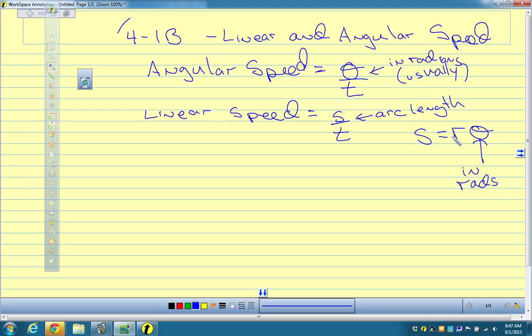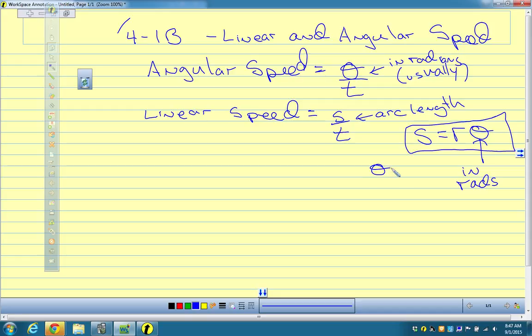So before when you took geometry, S was equal to n over 360 times 2 pi r. Do you remember that? Okay, n over 360. But when you have radians, you can just use this simple formula, r times theta. And you should know this formula too, because this comes up in your homework a lot. So S equals r theta.